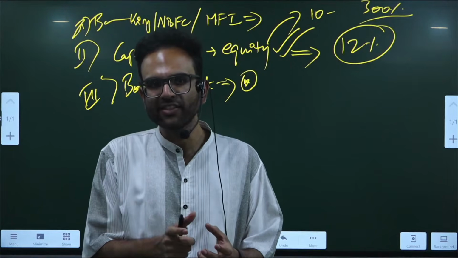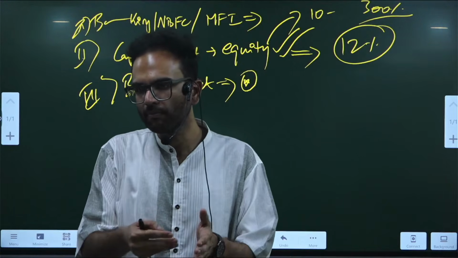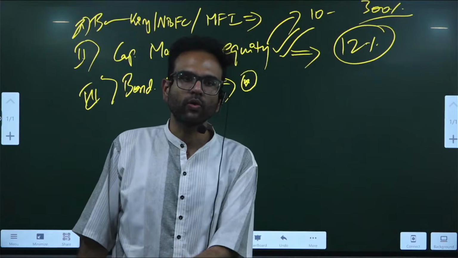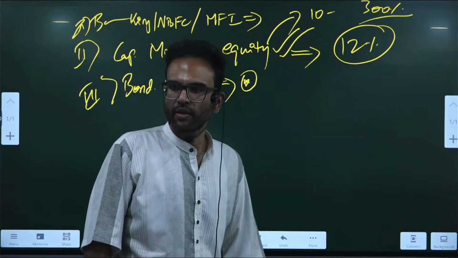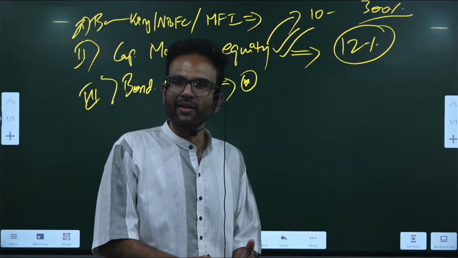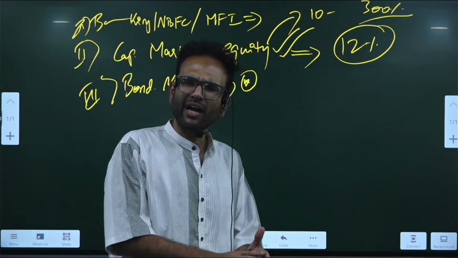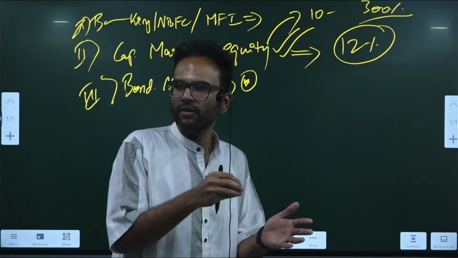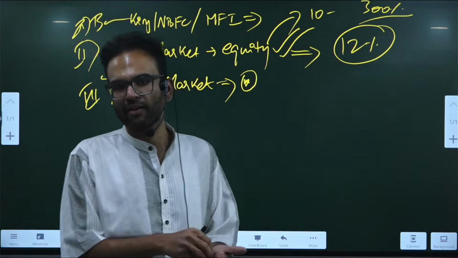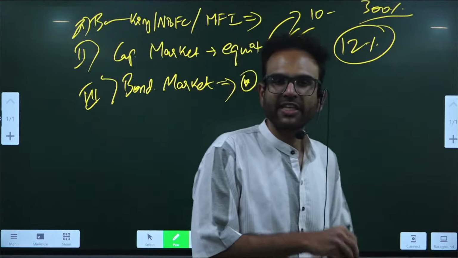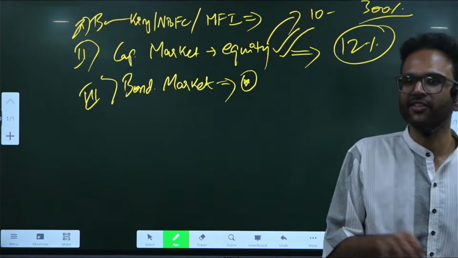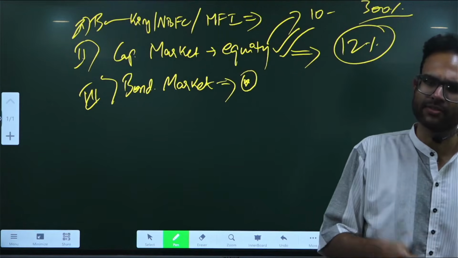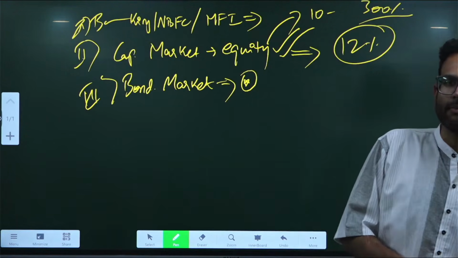And to hedge their funds, they are moving their money away from the equity market to gold and real estate. Both of them were obviously very organized. There is a possibility of a black market, everything that is a part of GS3 internal security, organized crime, money laundering, whatever is there in the syllabus, you can associate with the black economy.